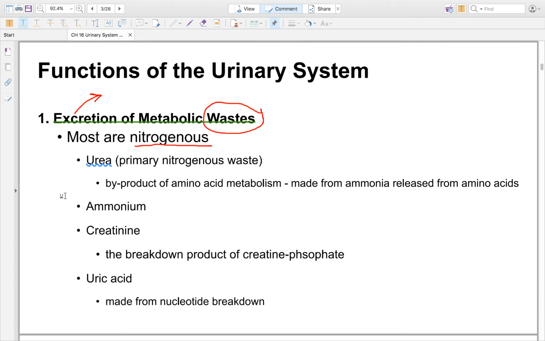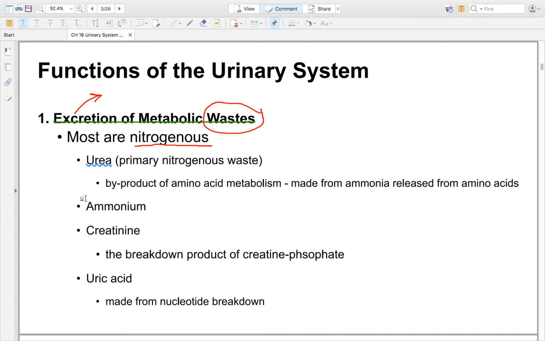So when amino acids are broken down or metabolized, they release ammonia from the amino acid, and therefore basically ammonia is good in certain quantities, but not good in high quantities. All right, so ultimately urea and excess ammonia have to be released from the body.